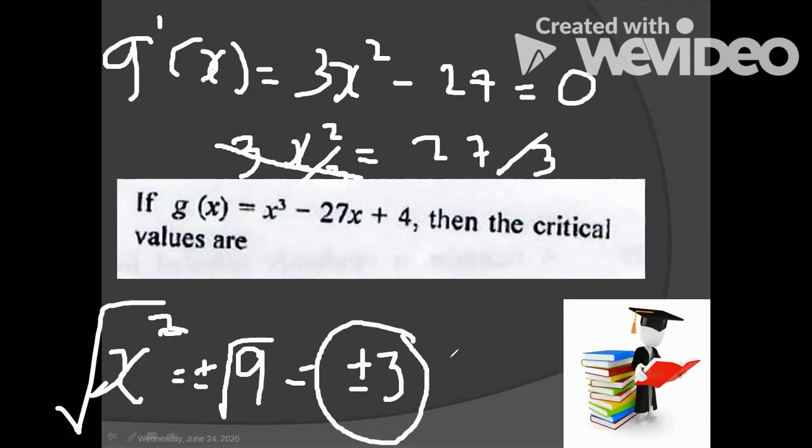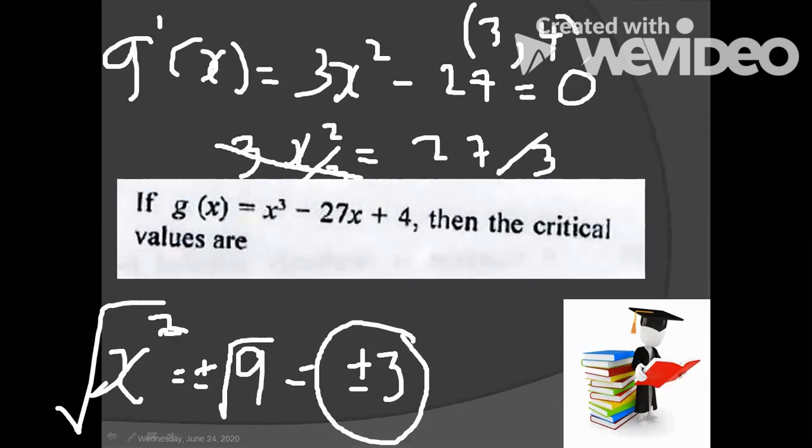Now if they ask us to find the critical points, what we're going to do is replace the x values, the plus 3 and the minus 3, in the original equation and get the corresponding y values. So, for example, suppose I use positive 3, and when I put positive 3 back in the original equation, I get 4.